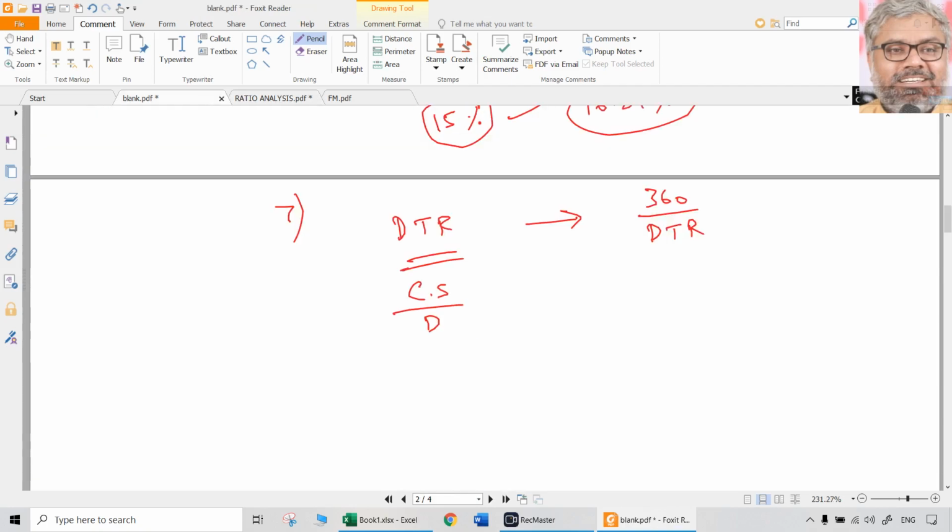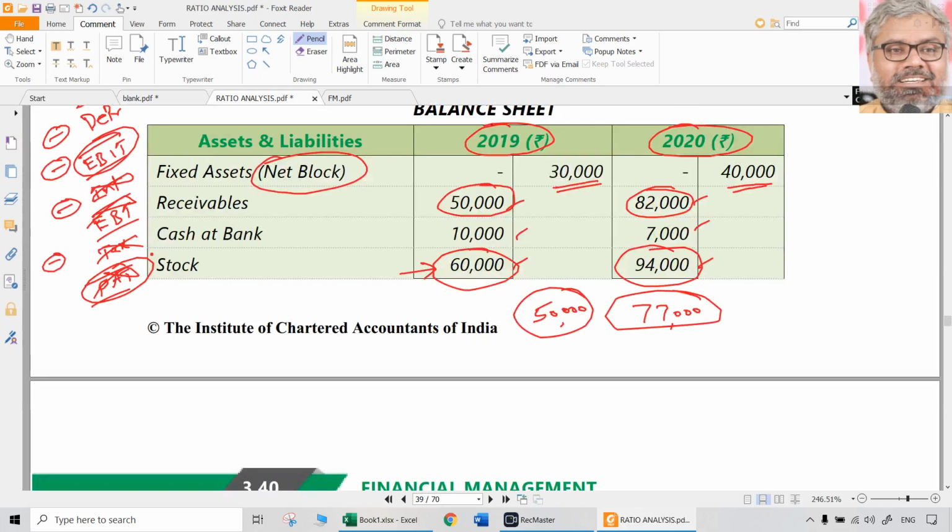So the denominator is 50,000 and 82,000. Not for this, for this debtors turnover ratio: credit sales divided by debtors. That's what we are applying. Debtors is 50,000 and 82,000.